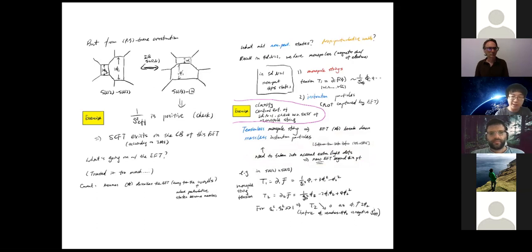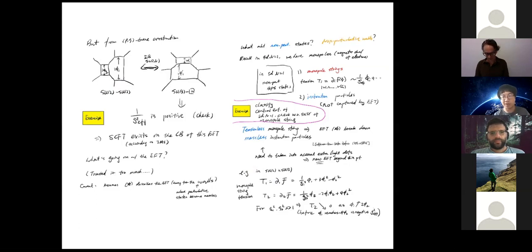So let's apply this perspective to the case that we looked at, namely the SU(2) times SU(2) quiver gauge theory. In that case, as always, the prepotential does encode information about the monopole string tension.